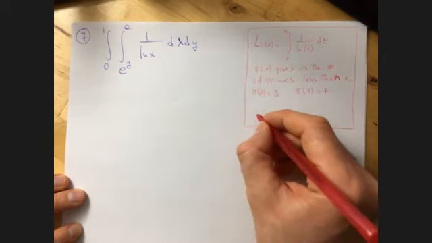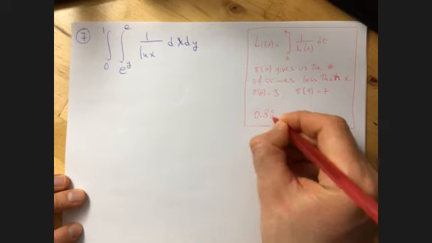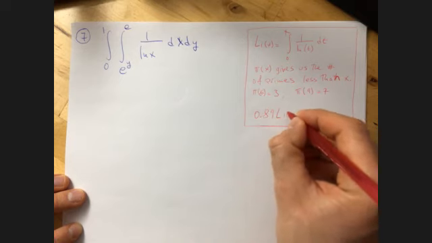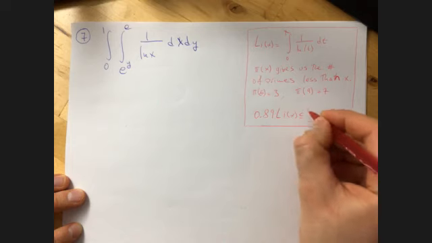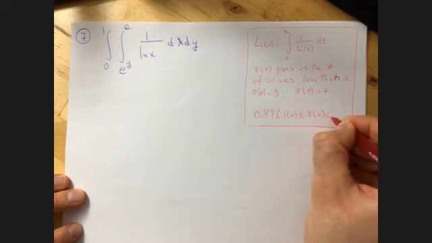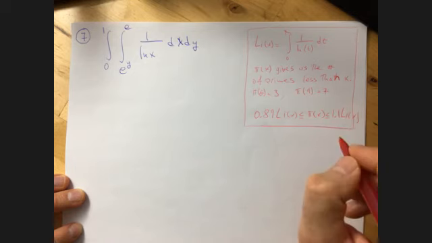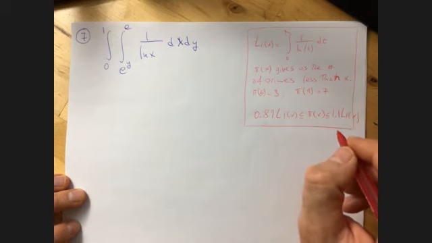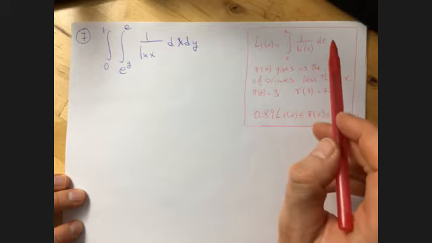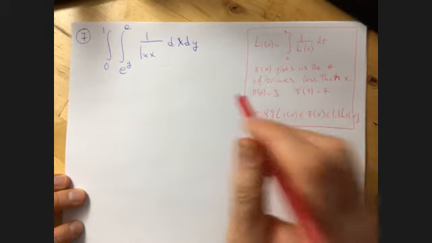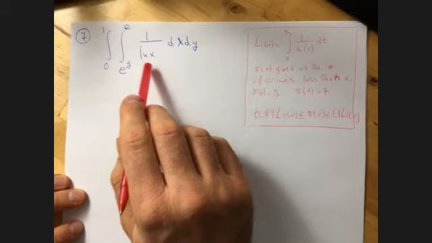Now we know that this is the bound of pi of x, 1.1 times, okay. Now the thing is that the antiderivative in elementary terms doesn't exist.